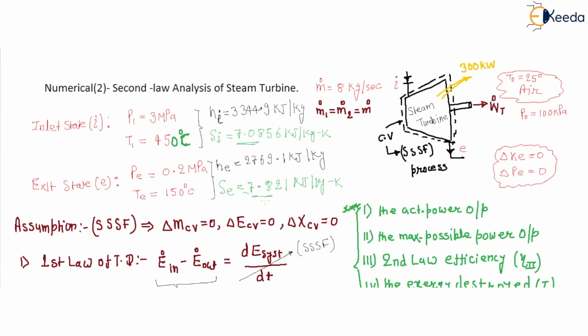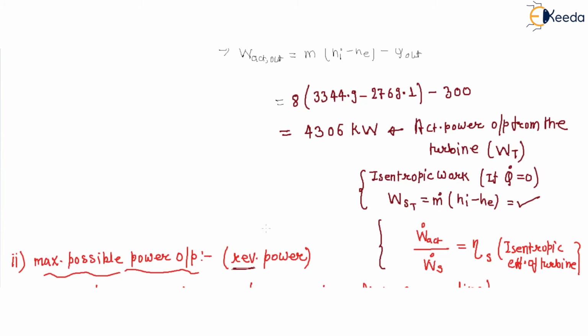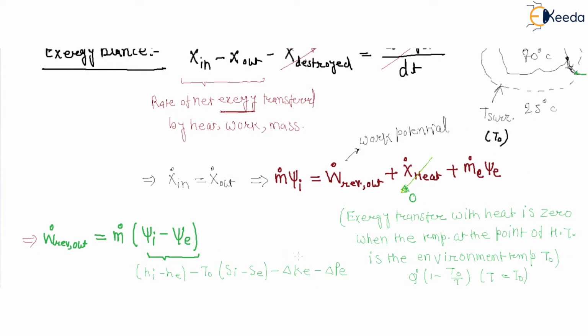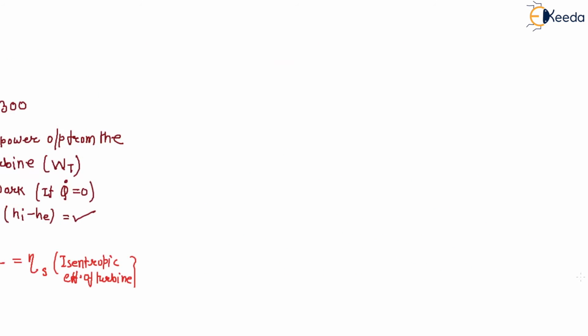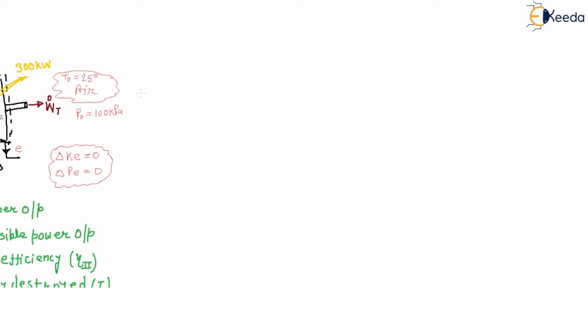So if you have si, you have se, you have hi, you have he, and you neglect the change in kinetic and potential energy, this is treated as zero, and this is treated as zero. So if we put all these values into this equation, what is that?